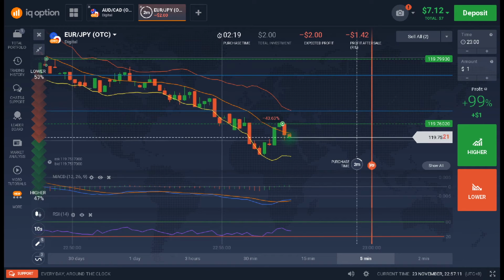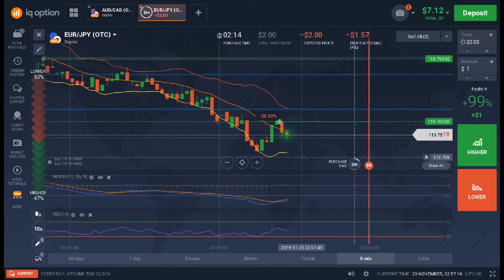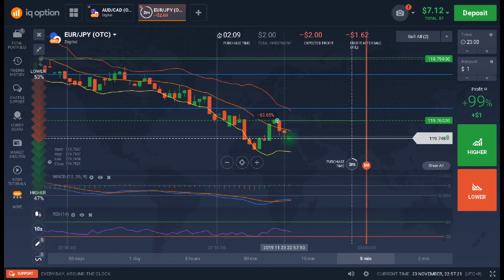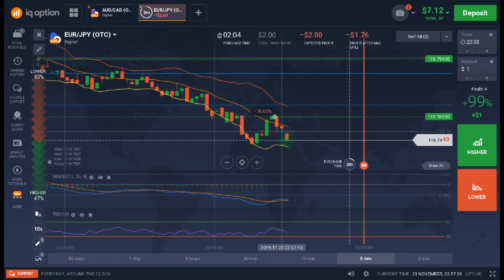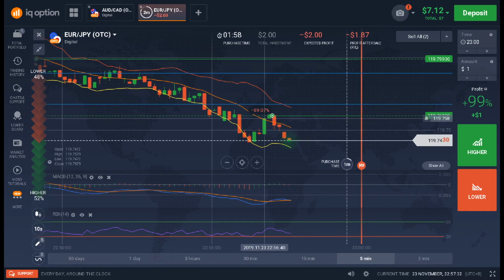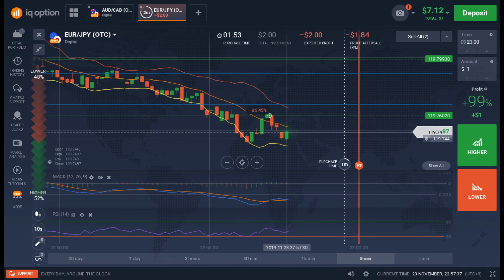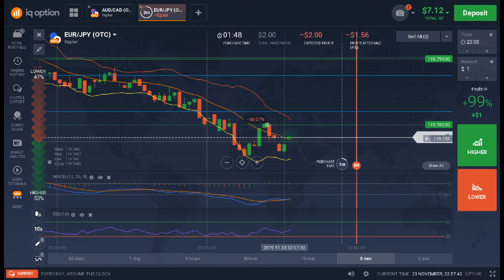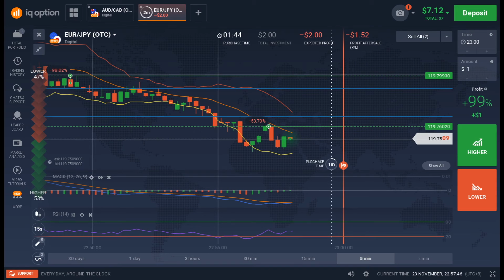Oops. You already shifted upwards. But how come? Not a very good move after all. Hopefully it bounces with a higher low. Could this be a higher low? Yeah, this could be a higher low now, so it will go up. Let's see.